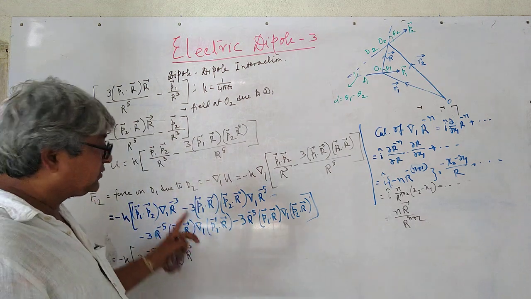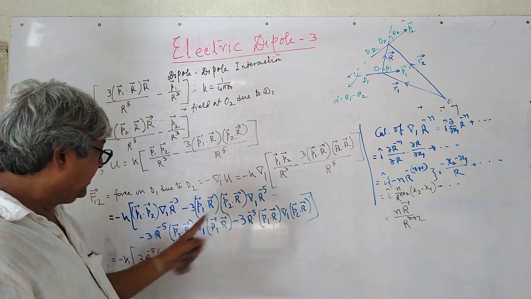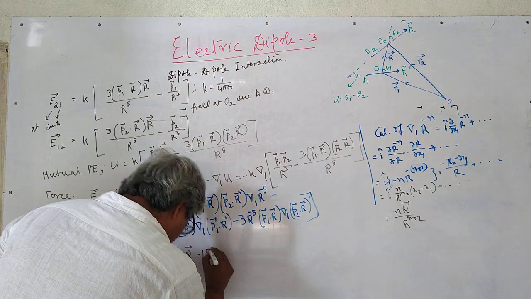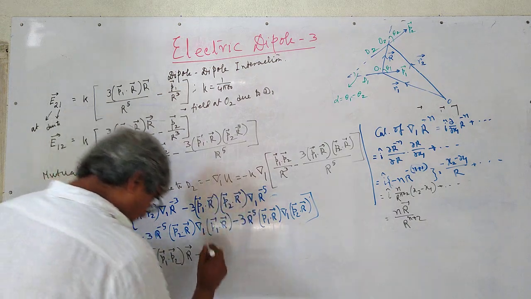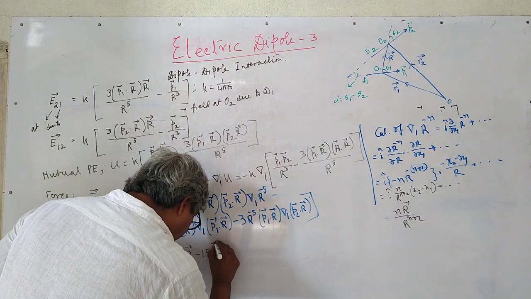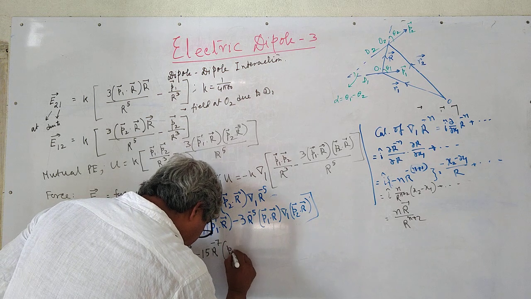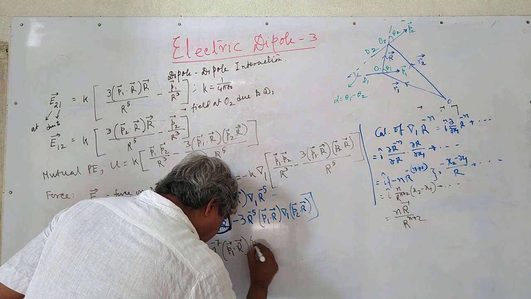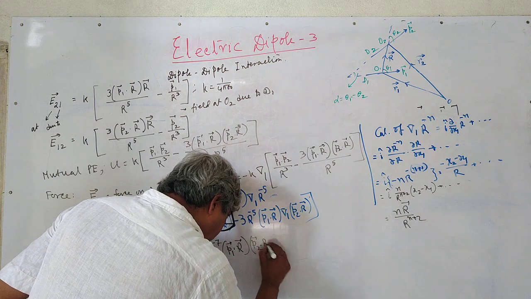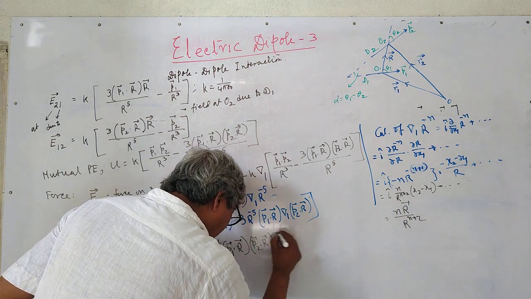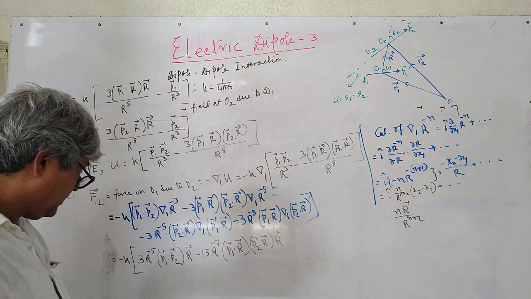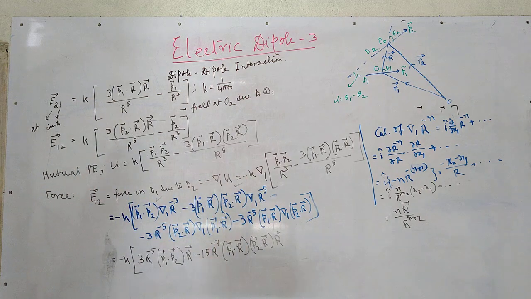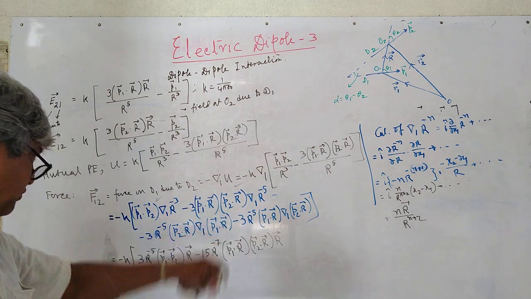For this term, n is 5, so this will be minus 15, and the power of r would be r to the power minus 7, p1 dot r, p2 dot r times vector r. So this term and this term have been evaluated. We are left with the evaluation of these two terms.